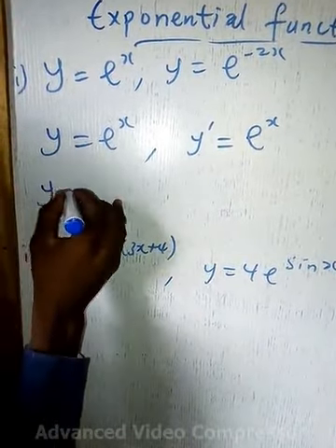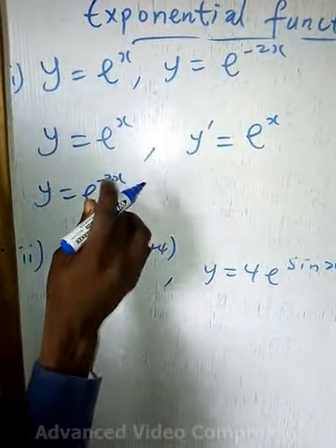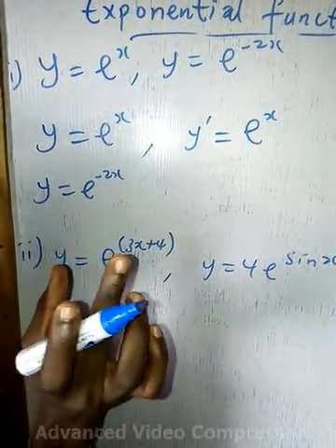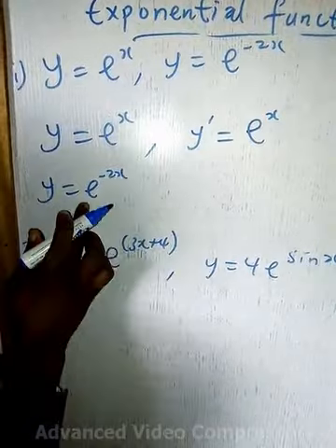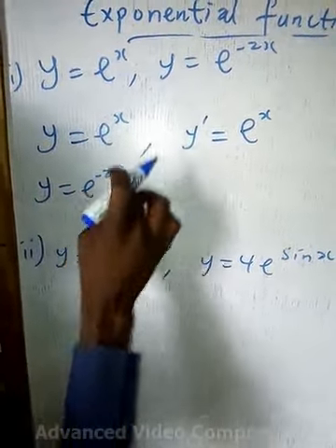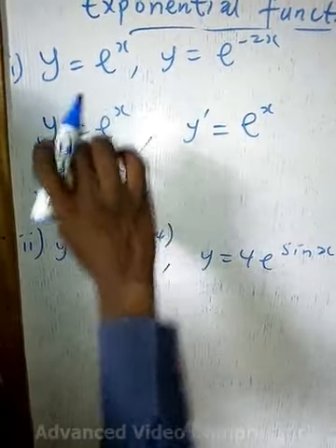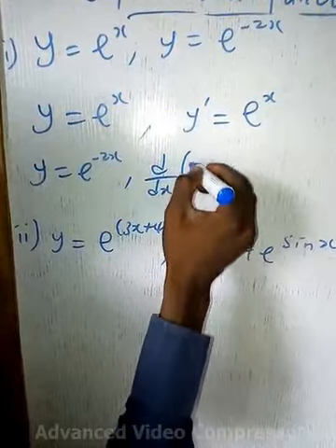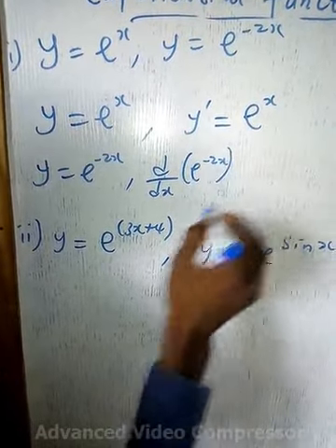You also have y to be e to the minus 2x. You can see that this one is different from this. The power we have here, this one has 2 functions. This one we can also apply the chain rule. We have the exponential, which is a function on its own. Then we have this one that is on top. What I mean is that we can differentiate this whole function, e to the minus 2x, with respect to x.